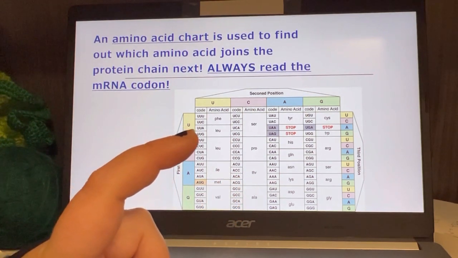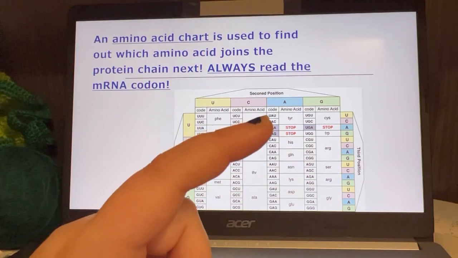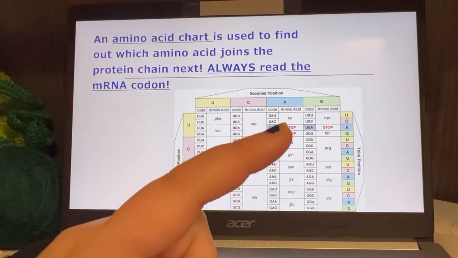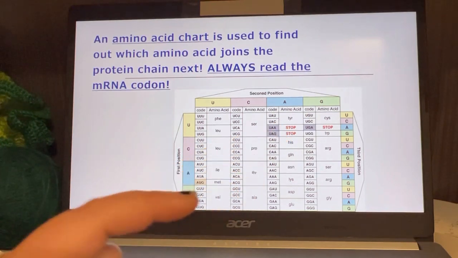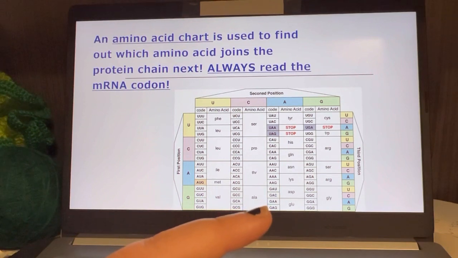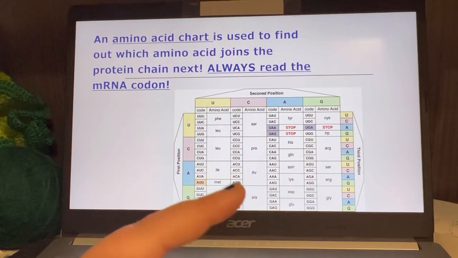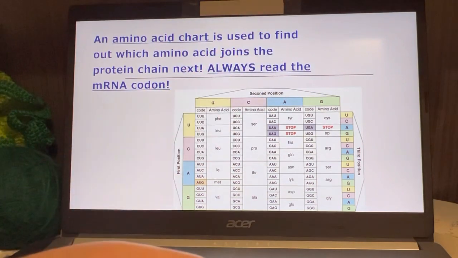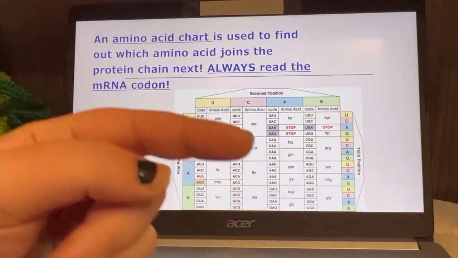First letter might be U, second letter may be A, third letter U or C, you'll code for this amino acid here. If your first letter is G, second letter is A, and third letter is G, GAG, you have this amino acid here. Okay, so this is how you read the chart. First, second, third position. It helps if you have a ruler.